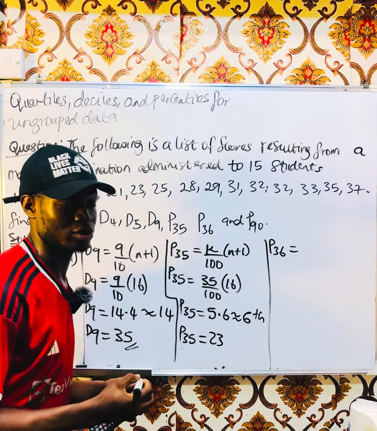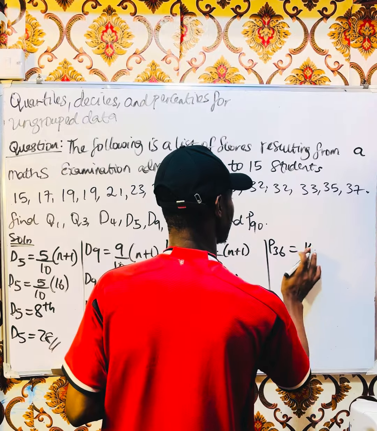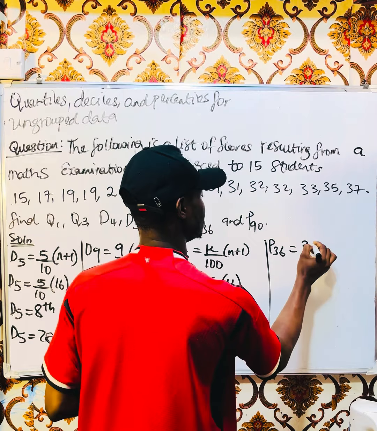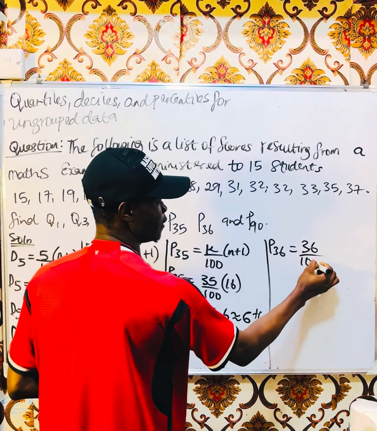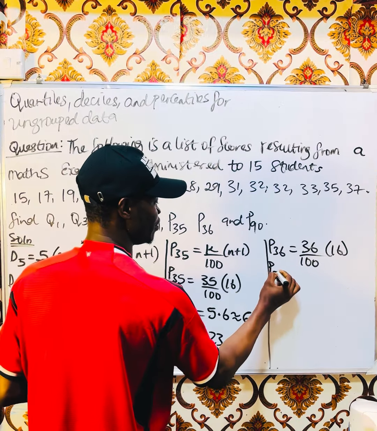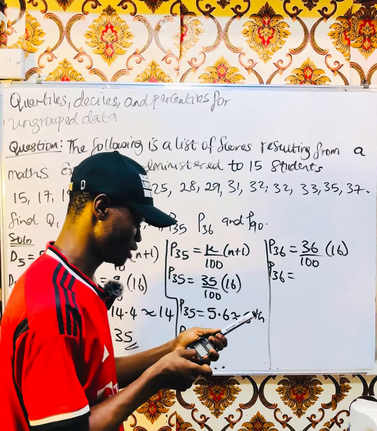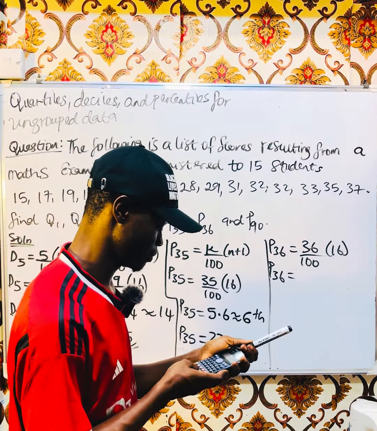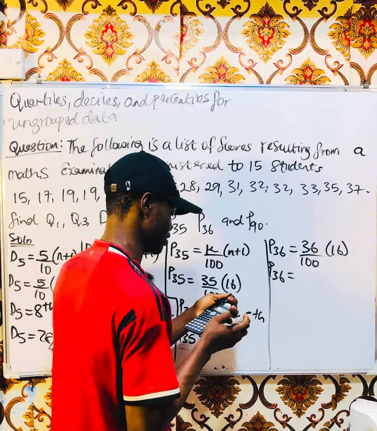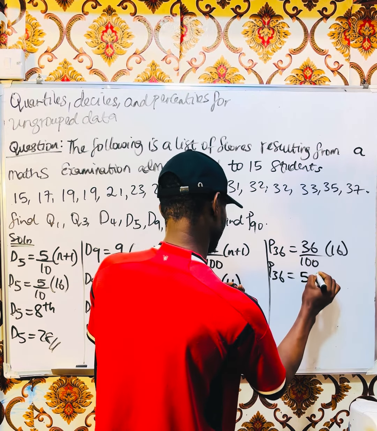And let's go for P36. The 36th percentile. So we're going to have 36 over 100, then 16, right? We have P36 is equal to 36 times 16, gives us 576 divided by 100, gives us 5.76, right?